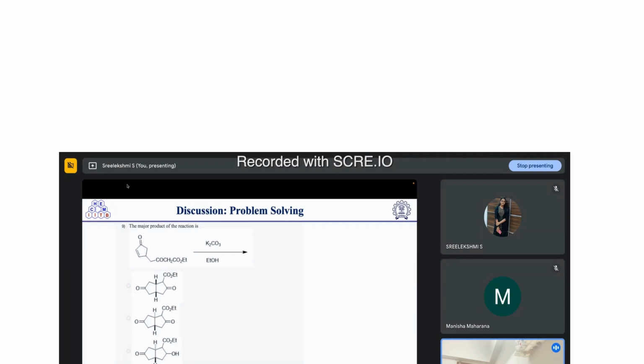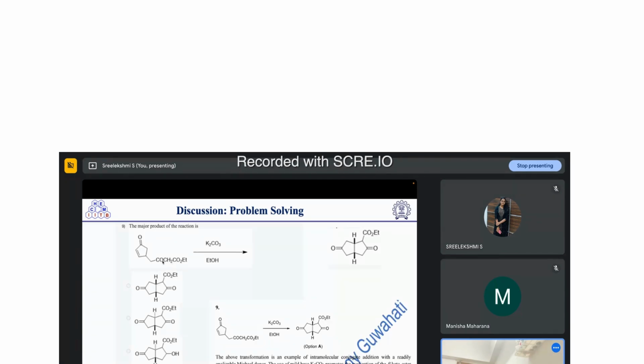So here first proton abstraction will take place from here, right? Proton abstraction will take place from here, and that will attack this. That will basically result in a 5-exo ring closure, we can say. So whatever negative charge is forming here is attacking over here.